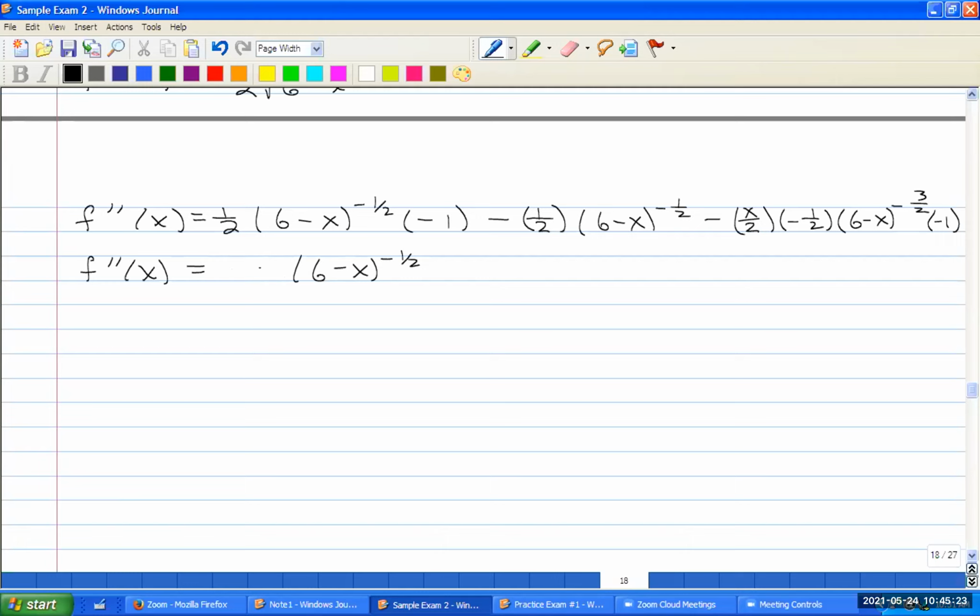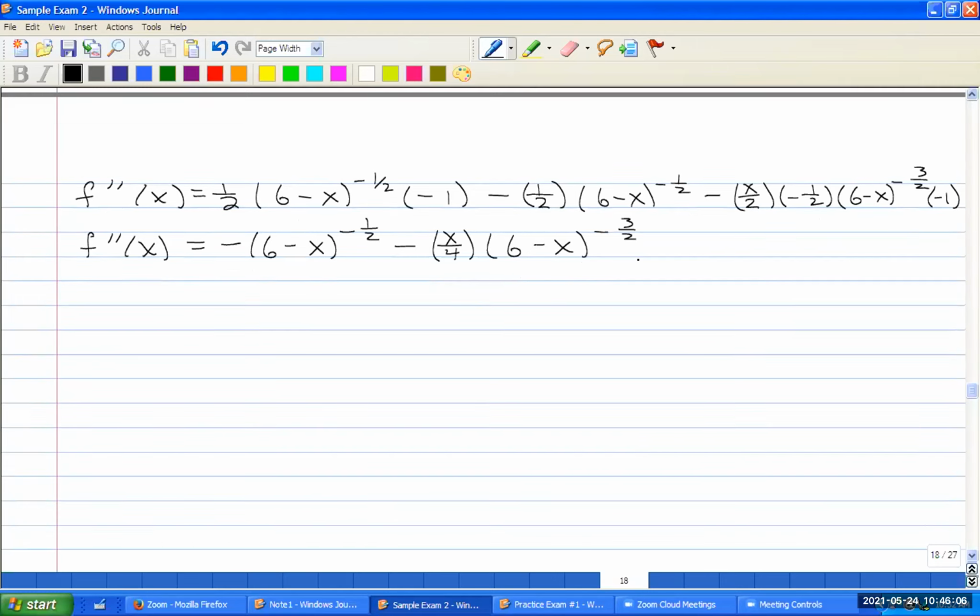And so since I have two of these, I have a minus 6 minus x to negative 1/2. Since these two are the same, then there's 1, 2, 3 negatives. So that's a minus, and a half times a half is a fourth. So it's minus x over 4 times 6 minus x to negative 3/2.